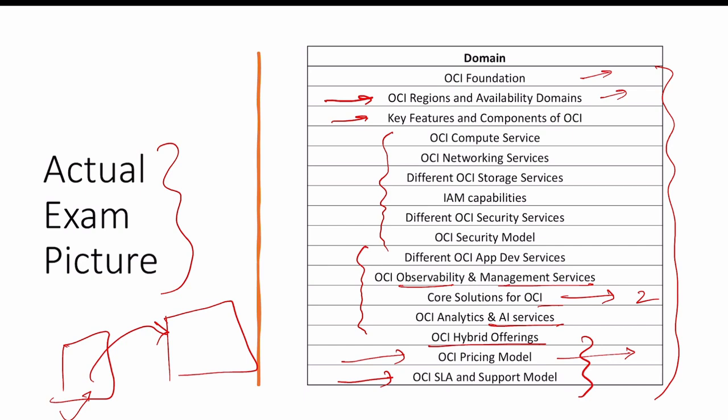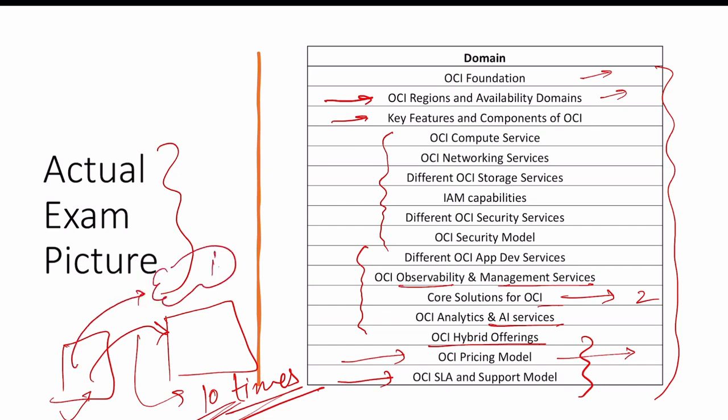But this cost is 10 times lower than other cloud providers, not 10%, I'm talking about 10 times lower. Or if your traffic is moving to the internet, then also you need to pay. So these are the two scenarios where you need to pay.